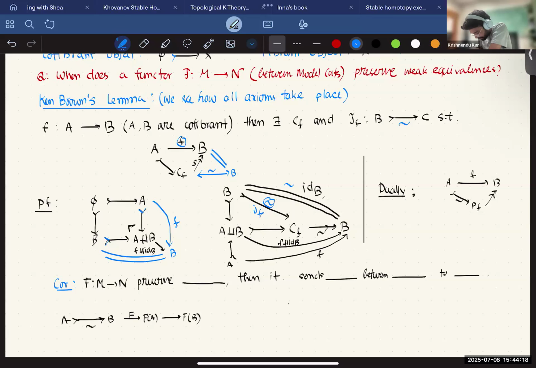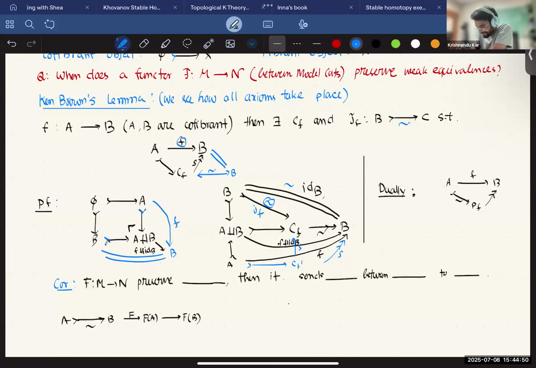So A to B, this map can be factored like CF prime to B. How do you know it's weakly equivalent? Oh yeah, it is weakly equivalent because they're two. Yep. In this case, this is weakly equivalent, and as you are saying, it justifies the claim. But the existence of the arrow is good enough for the weak equivalence case. That's what I understand. But in this case, it's easy to see.